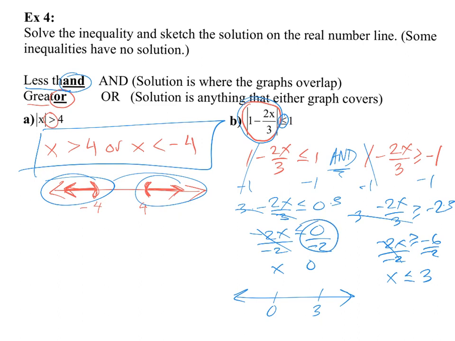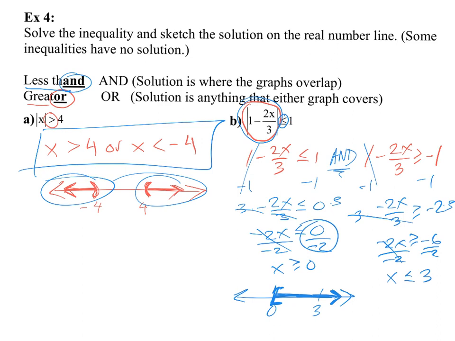Caught myself there again. Extra credit for me again. Using brackets here, here's my number line going to the right. And then x is less than or equal to 3, so use brackets once again, going to the left.